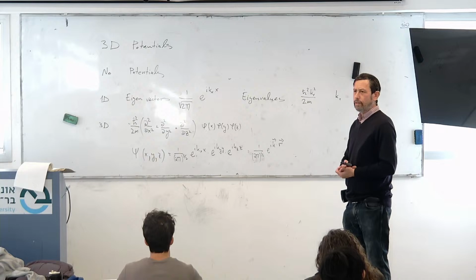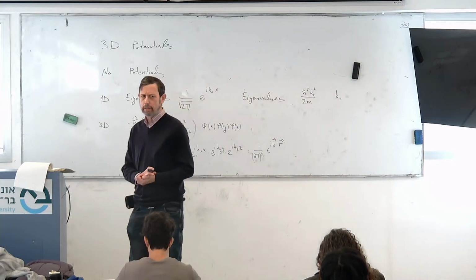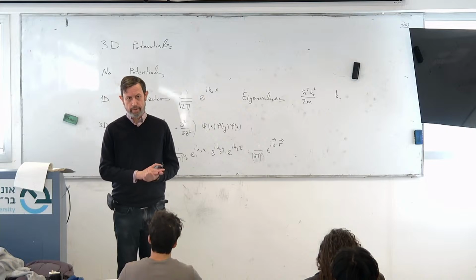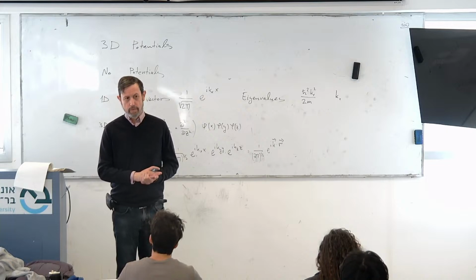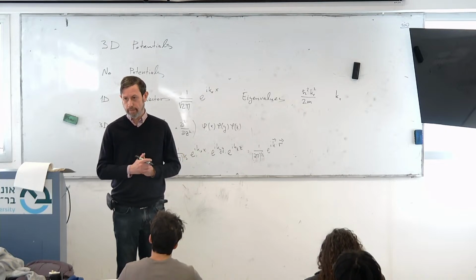It might be interesting to stop a moment and ask ourselves, this is in Cartesian representation, x, y, and z. What will happen if we go to spherical representation, theta, phi, and r?